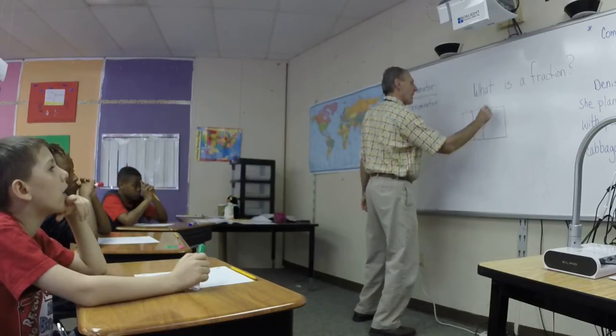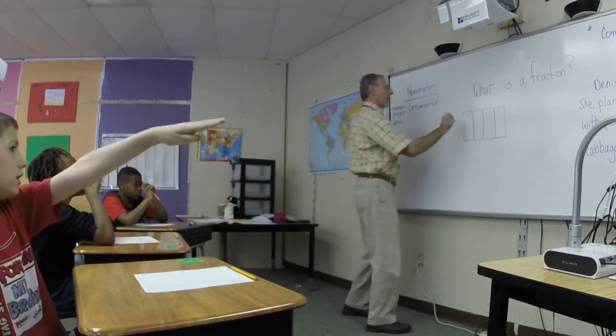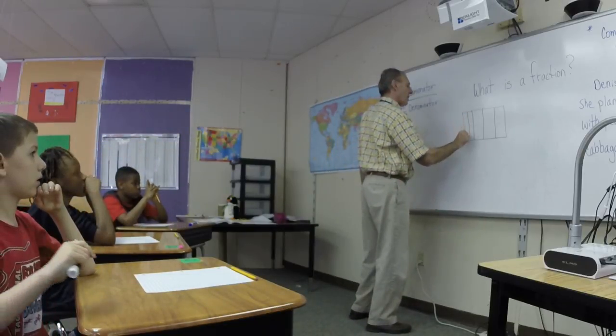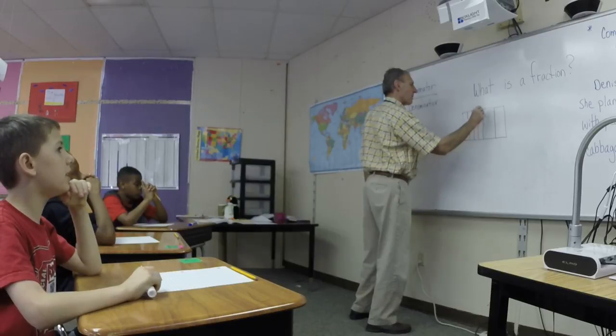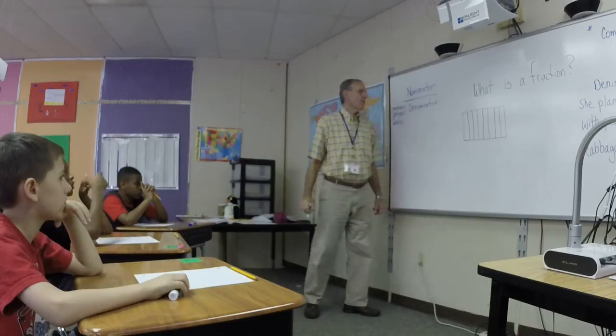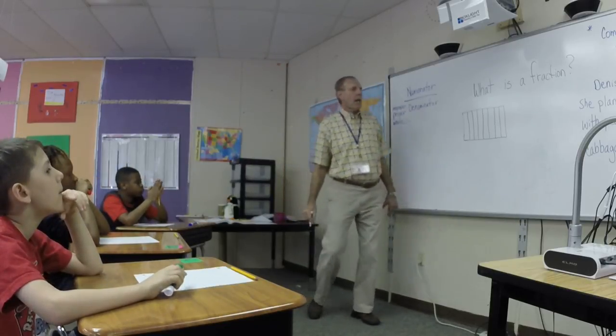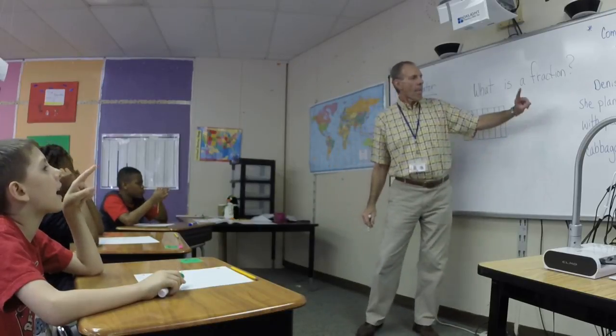Cut that in half, and now what do we have? 4. And then we put our others right down through here. Boom. What do we have now? We have 8, right?